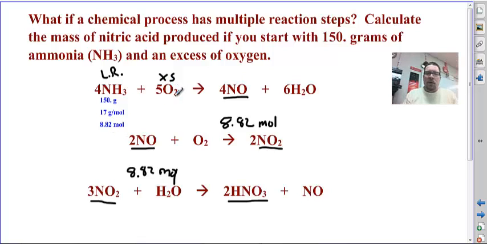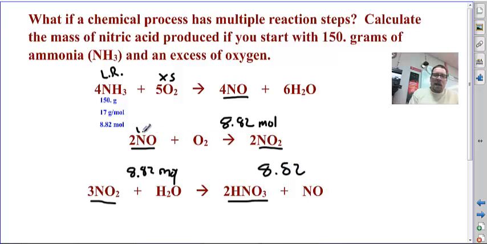It's floating around the atmosphere. So I used up all this 8.82 moles. They have the same coefficient, which means I made exactly 8.82 moles. And that's how much I have to start with here. And by conjunction, since these two have the same coefficient, that's exactly the amount of moles that I will produce.